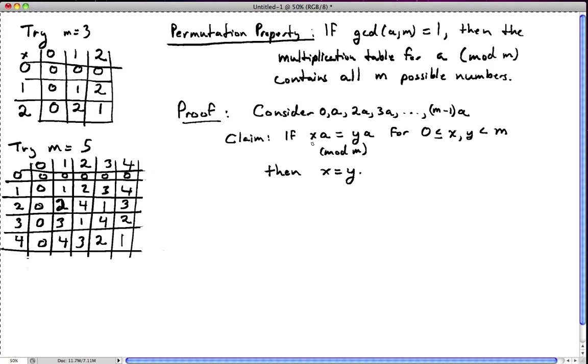It says that if two numbers are the same, they're actually in the same position in this multiplication table. It can't be the case that two different positions in this multiplication table have the same number.